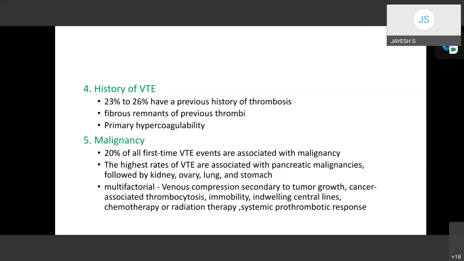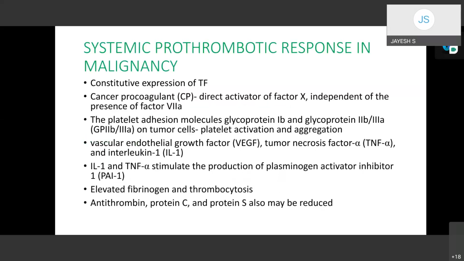The venous thromboembolism that occurs in malignancy may be multifactorial, which includes venous compression secondary to tumor growth, cancer associated thrombocytosis, immobility, indwelling central lines, chemotherapy or radiation therapy, and there may be a systemic prothrombotic response associated with the malignancy.